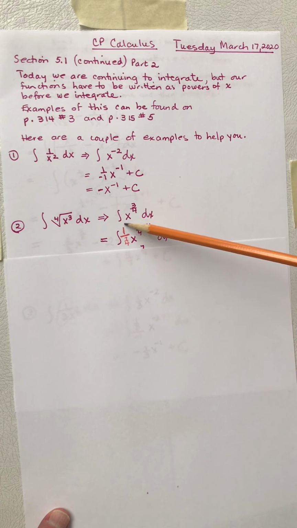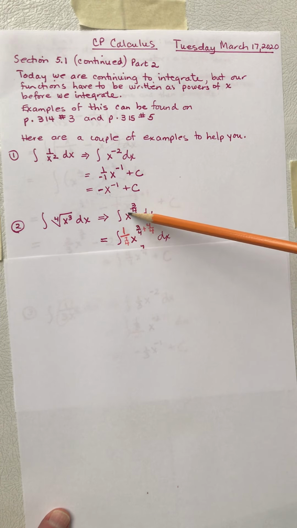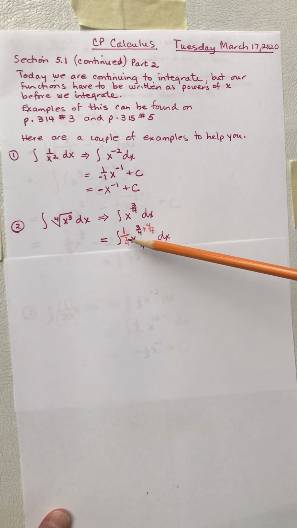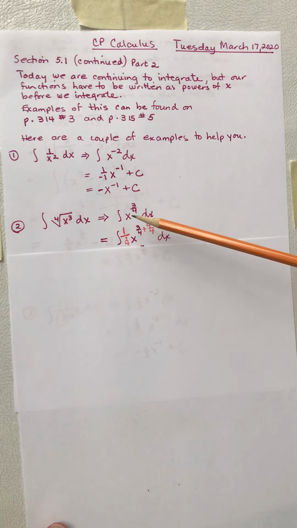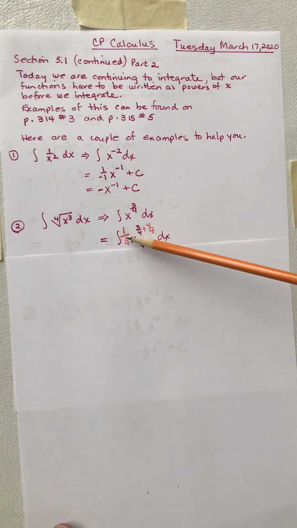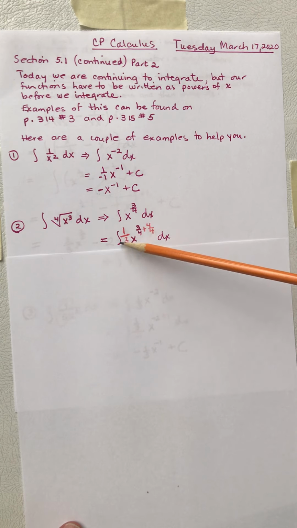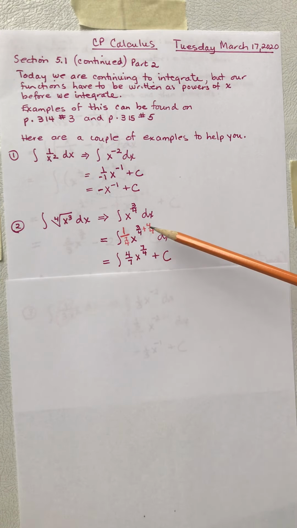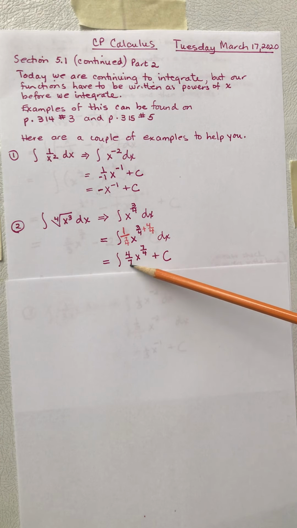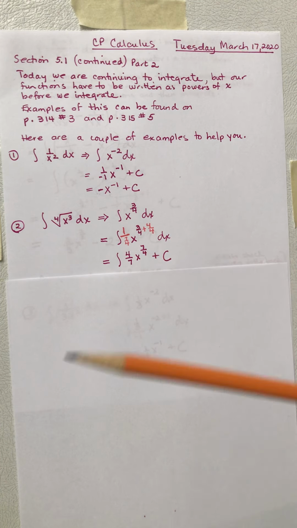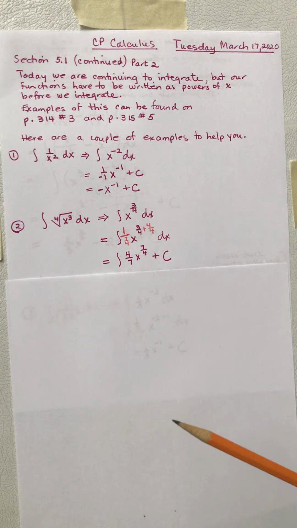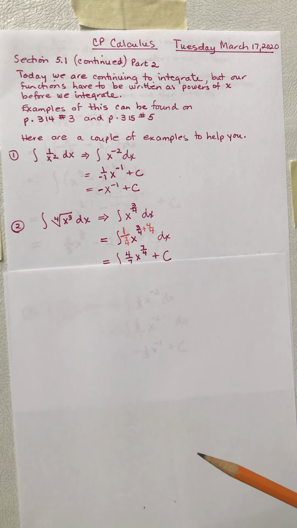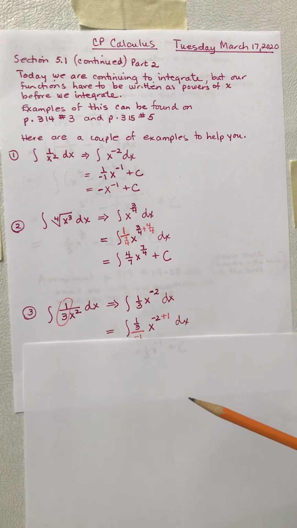So we take our coefficient, which you don't see here, but we know it's 1, and we divide it by our new exponent, 7/4. And the nice thing is, when you take 1 and divide it by a fraction, it flips the fraction. So 1 divided by 7/4 is 4/7. And our answer is 4/7 x to the 7/4 plus c. Hope that makes sense.